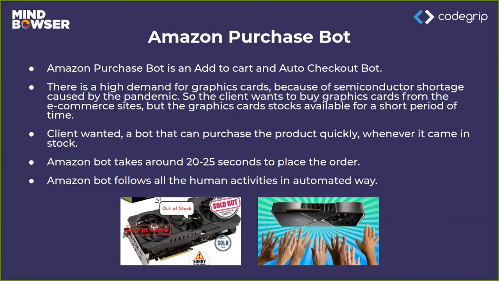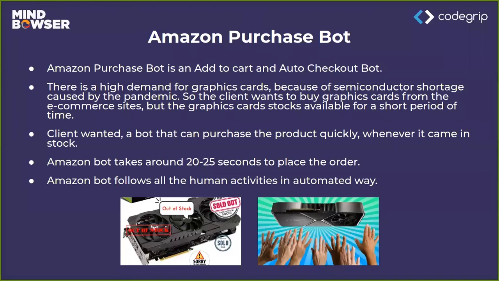So we wanted that whenever the product is available, meaning the product is in stock, we should place the order in the shortest possible time. We felt that graphic cards are not available on online platforms for long, so we targeted graphic cards. As we see in the images, there is a graphic card.